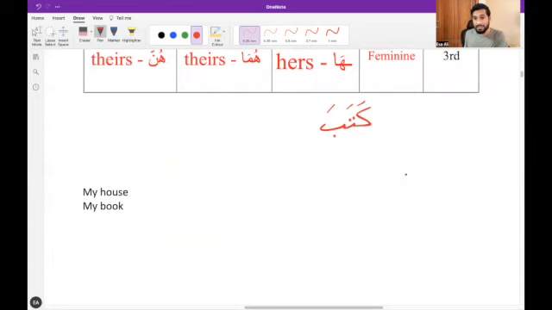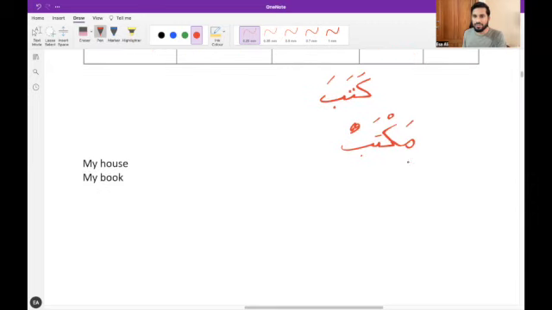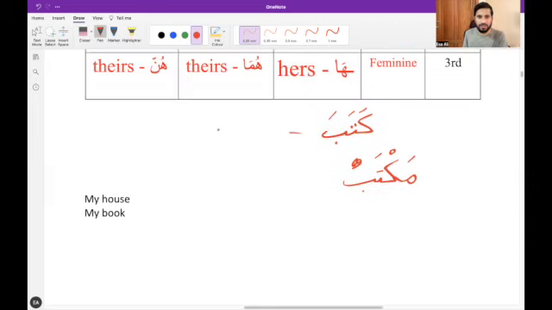If I add meem to the beginning of this, meem fatha, then sukoon, mak, ta fatha, and then the last letter may be dhamma, or it can have fathatain or kasratain. Now this is going to be maktab. This actually gives us, so don't forget that this is, let's just put here to write.